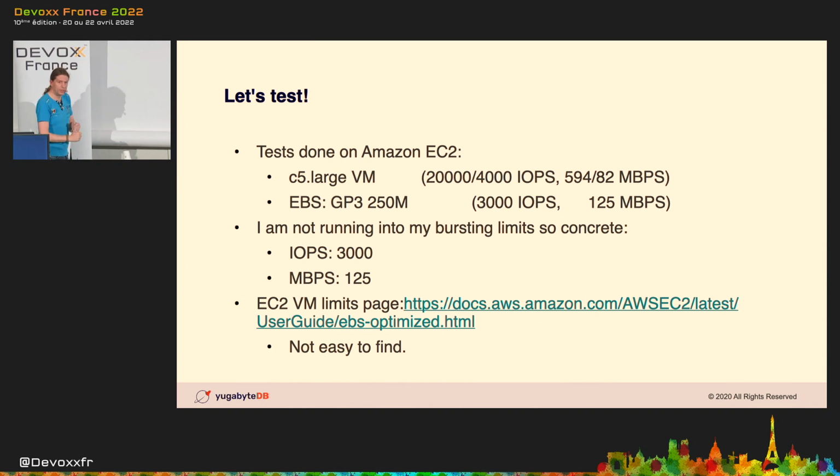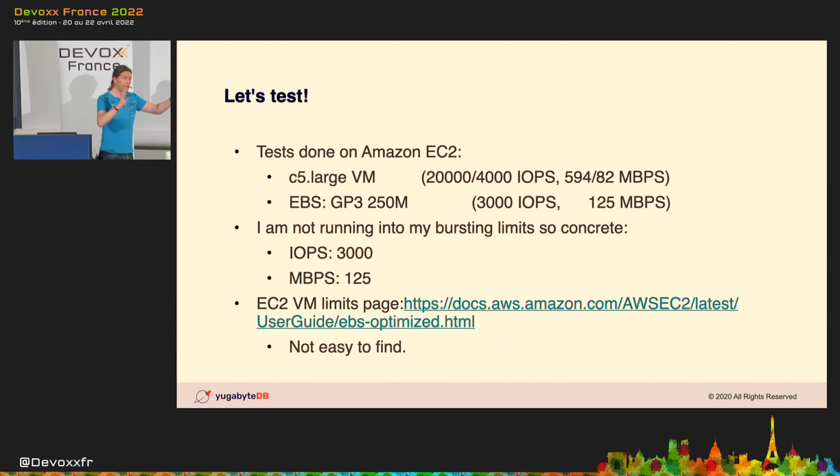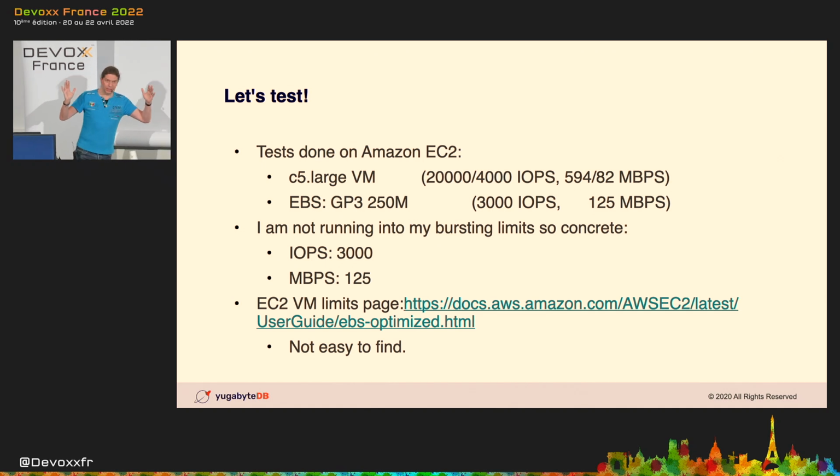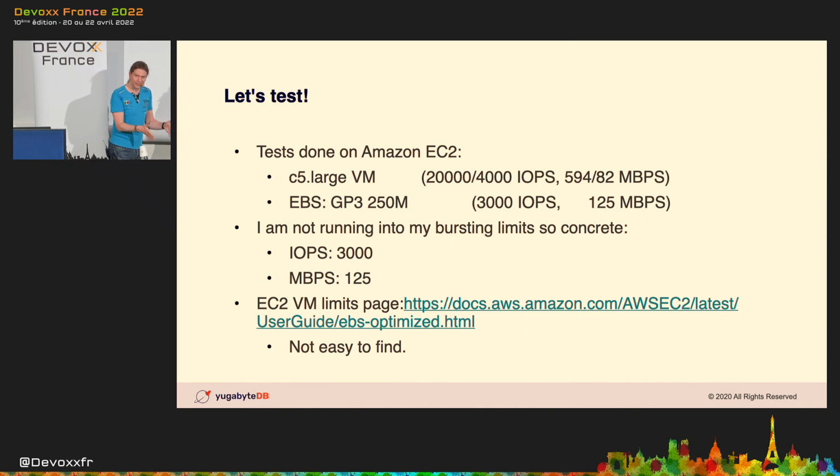And then came NVMe and SSDs and even persistent memory, which made disk I/O problems nearly gone. And then came cloud, and cloud said, oh, by the way, you have 125 megabytes per second, which I have on this disk, which is actually the same limit I had on a 15K RPM rotating disk. So in that sense, we are back to square one with clouds, by having disks which have really low limits again, and we really have to think about it.